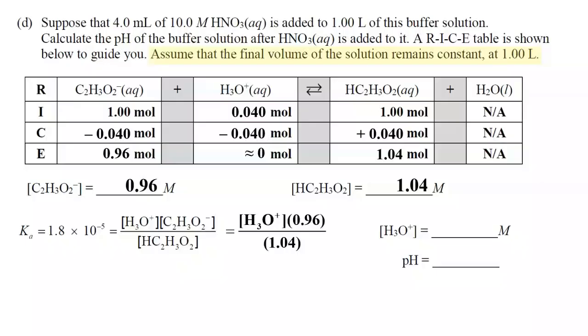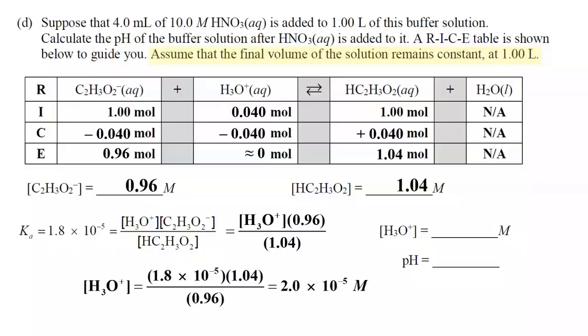So if I do the math of 1.8 times 10 to the negative 5 times 1.04 divided by 0.96, the concentration of the hydronium ion is equal to 2.0 times 10 to the negative 5. Now, you can already remember from earlier in the video that when we add a small amount of a strong acid to a buffer, the pH should decrease, but only by a small amount.